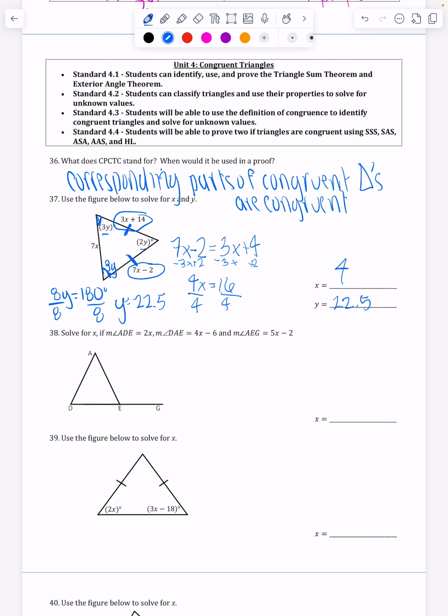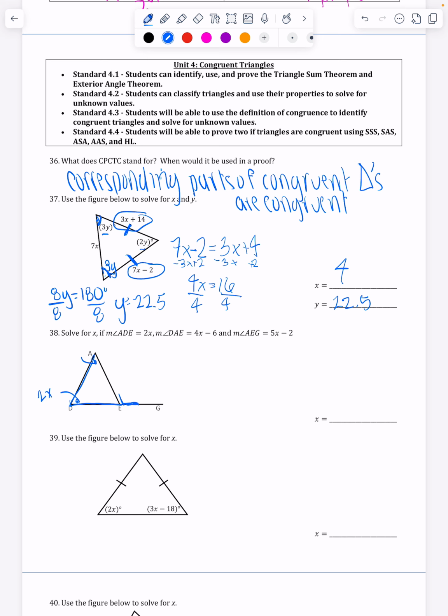Okay, so anyhow, next up, this would be these two angles, angle A and angle D. They add up to this angle right here, if you remember. It's called the exterior angle theorem. So ADE, from A down to D over to E, that's this angle, is 2x.